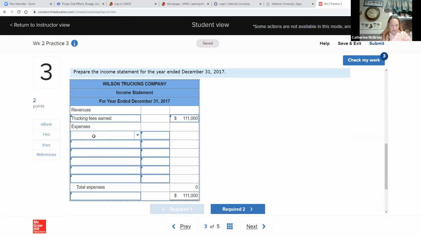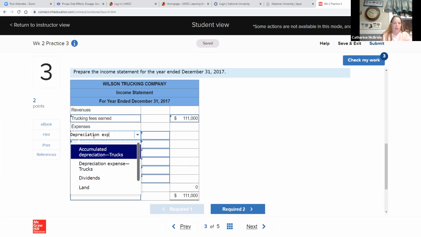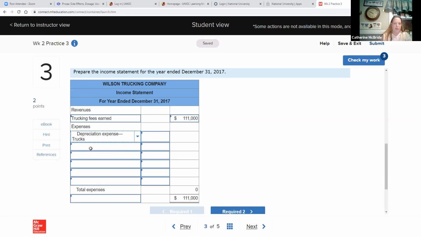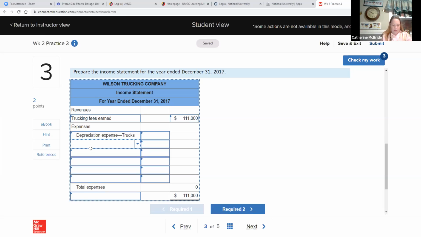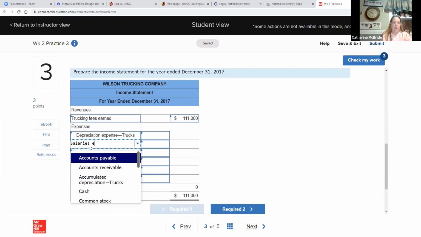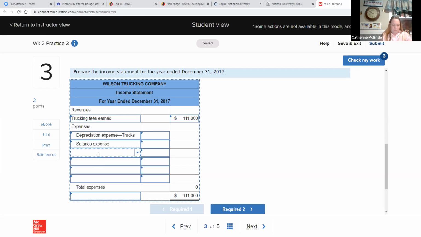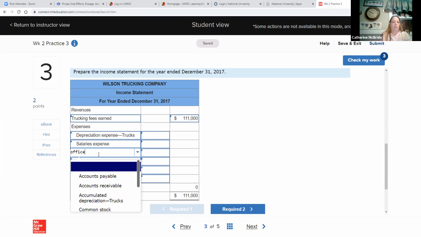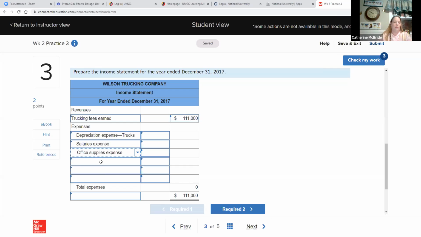And for the expenses, I have depreciation expense, trucks, and then salary expense. Office supplies. Repairs for the trucks. Yep.